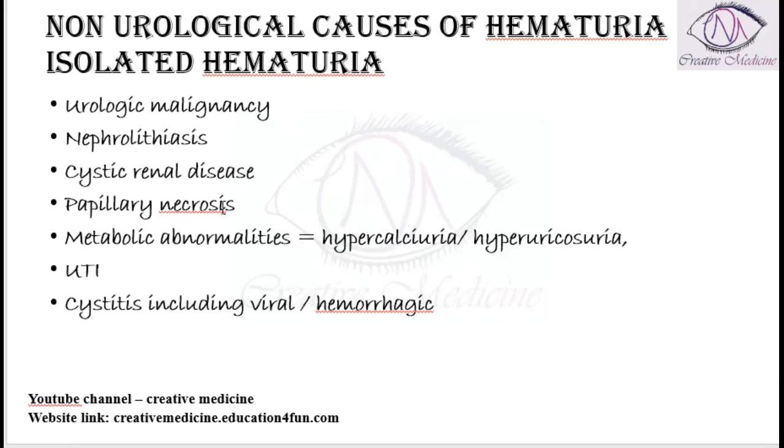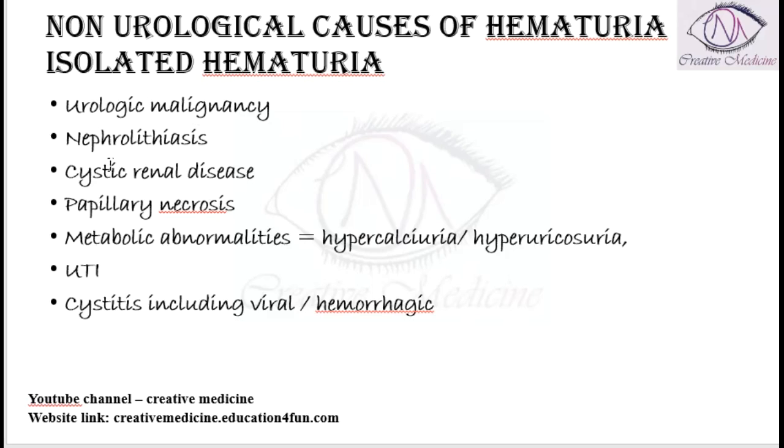Then we have extrarenal causes, or non-glomerular causes. The non-glomerular causes of hematuria are urological malignancies and nephrolithiasis. There can be any type of urological malignancy: urinary bladder carcinoma, prostate carcinoma, ureteric carcinoma, urothelial carcinoma.